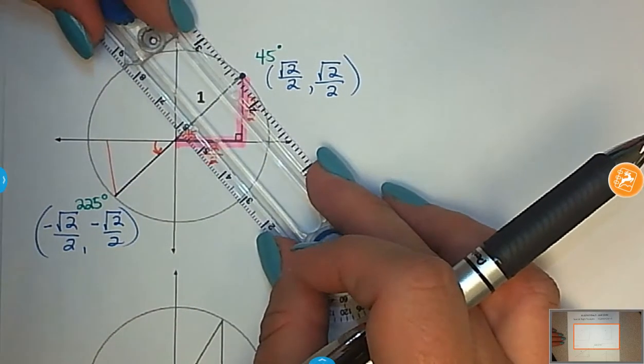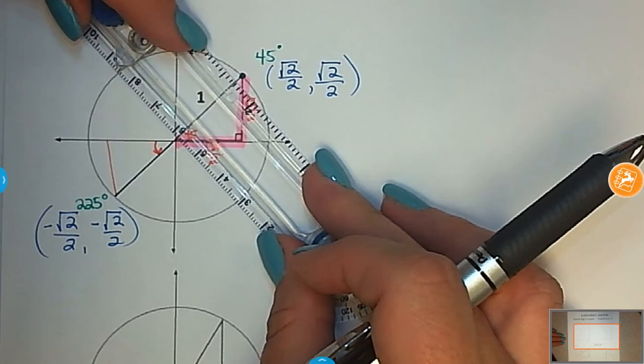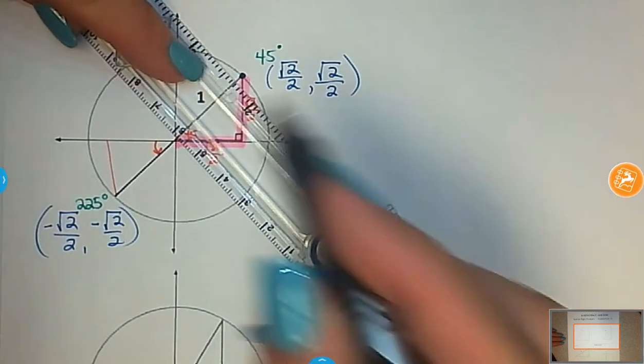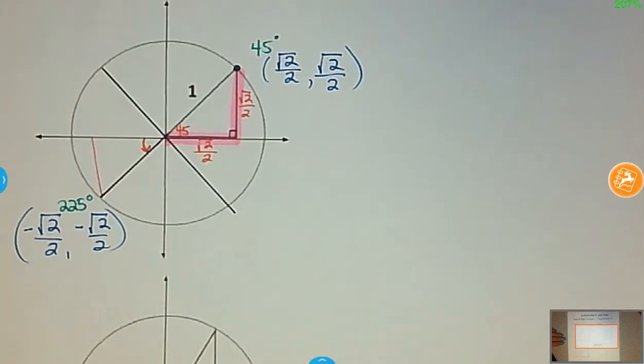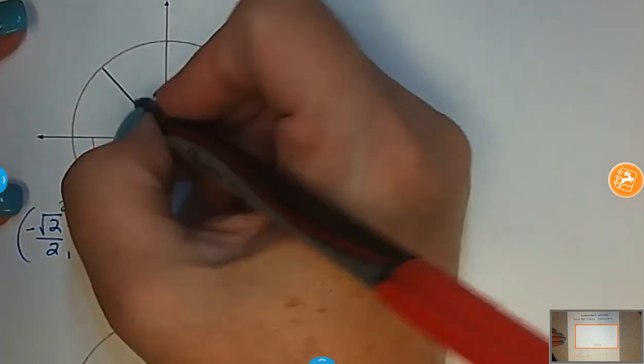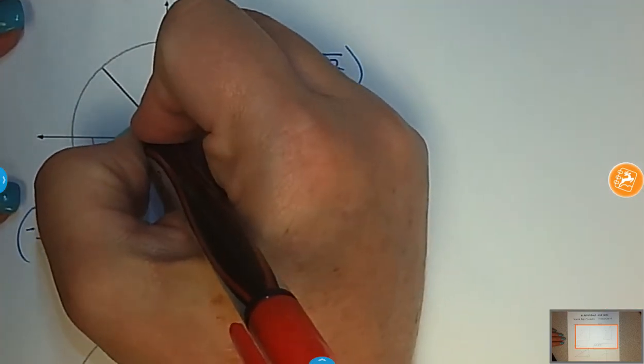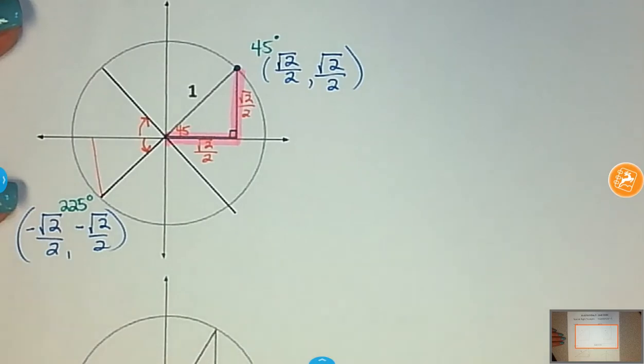All right, next we're going to sketch in here, and mine are not going to be perfect. Two more angles. Each of these are 45 degrees away from the x-axis. So right here, 45 degrees before 180.